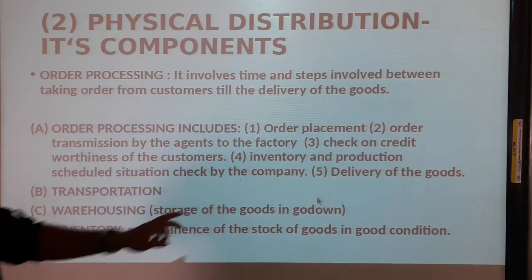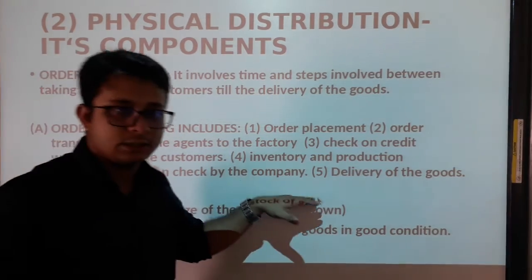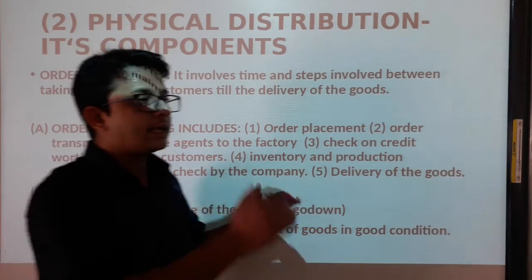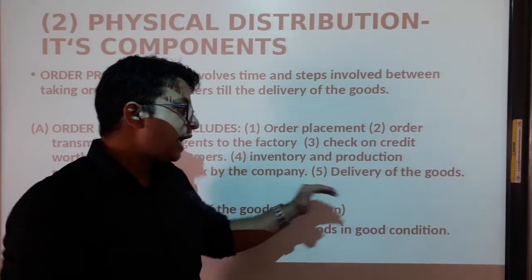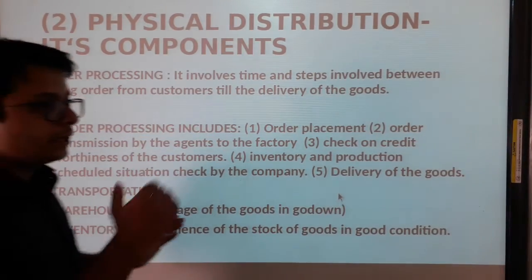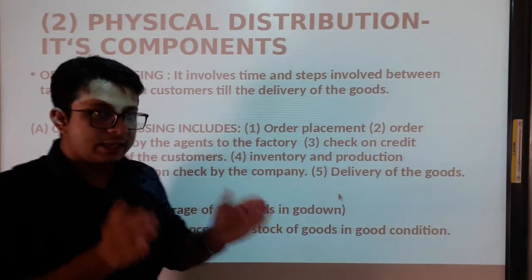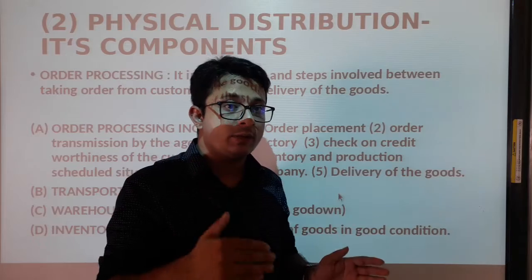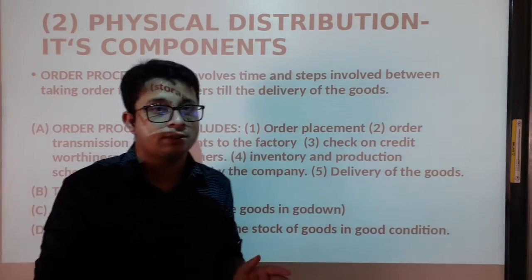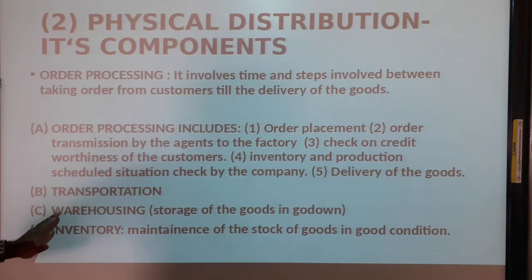Next, you see, delivery of the goods. That means after the production schedule check has been done by the company, then the company will be producing these goods. And next, the company will be sending those goods to wherever the particular customer wants it. In case the customer or the consumer does not take delivery of the goods right from the place of production, then the goods can be sent to various warehousing and then inventory.